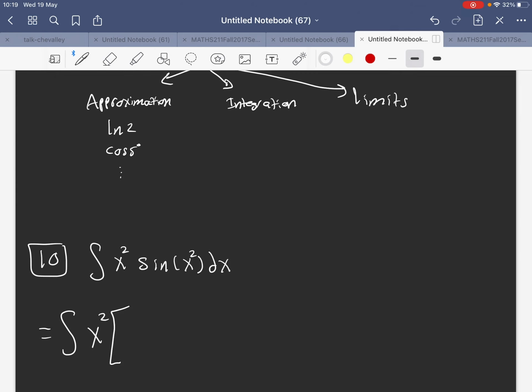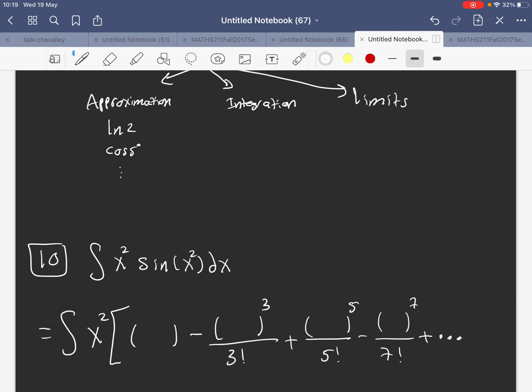So I need to write the Maclaurin series for the sine. If you remember, the sine would be the one that has the odd power of x. So it will be something minus something power 3 over 3 factorial plus something power 5 over 5 factorial minus something power 7 over 7 factorial, and so on, dx.